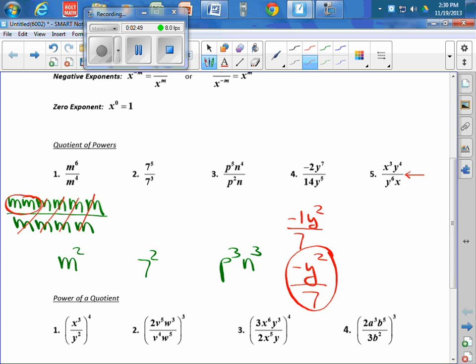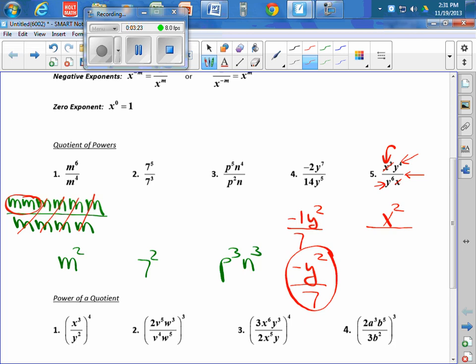First of all, if you have a fraction bar in your problem, write down a fraction bar in your answer. I'm going to take x to the third over x, and since I have more of them in the numerator, when I subtract 3 minus 1, I get 2, so I'm going to have an x squared. You put that x squared, that answer, where the larger set of x's were to begin with. So I'm going to have x squared here. I have y to the 6th in the denominator and y to the 4th in the numerator.